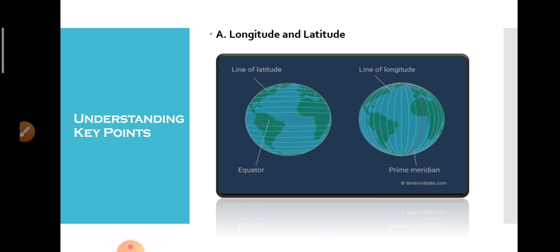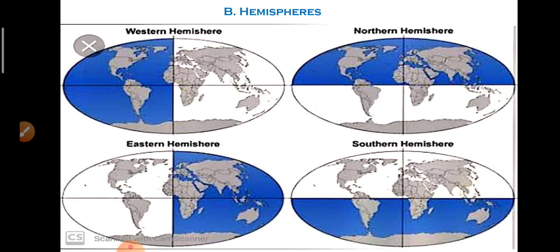All the lines to the left of the prime meridian make up the western hemisphere, whereas the lines on the right of the prime meridian make the eastern hemisphere. These figures will help you understand a better picture of all the four hemispheres: the western, eastern, northern, and the southern hemisphere. You can take a screenshot for a better understanding.